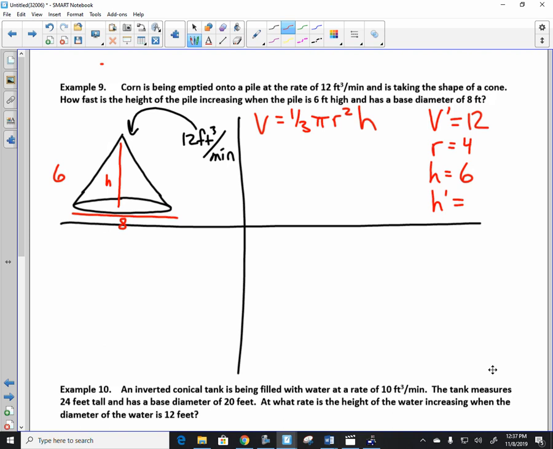And I will come up with an H prime. I want the H prime. I don't want the R prime. I got no way of finding the R prime at all. None. So I got to get rid of it. How do we get rid of R? We can't simply plug in 4. Then we come up with R prime.